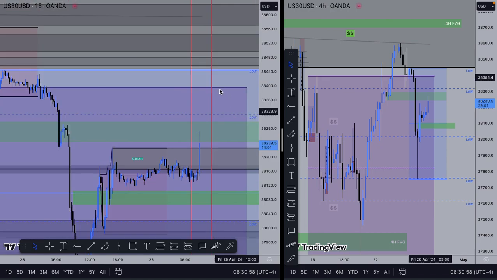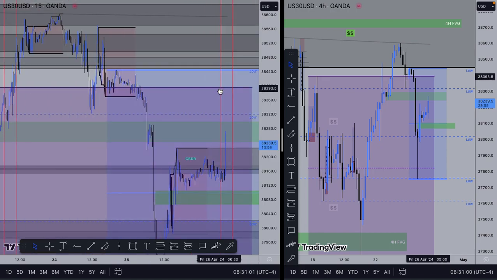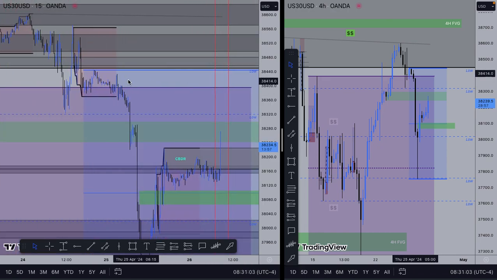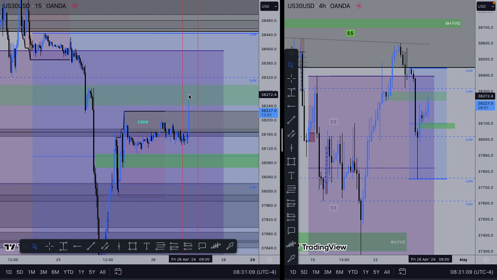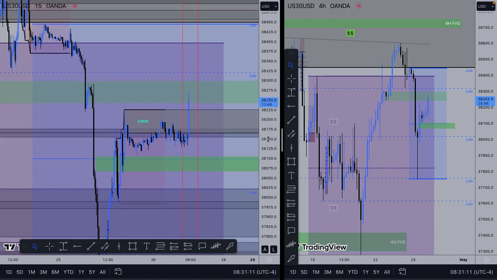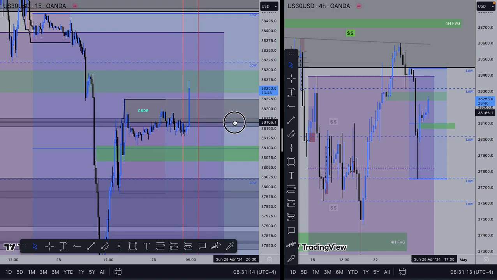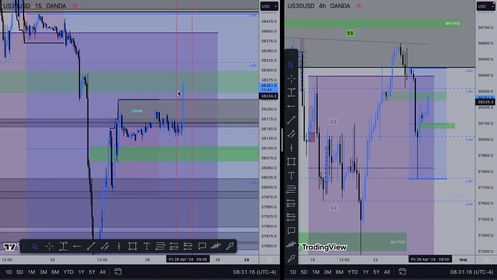And then where do we aim? I'm going to aim for the high of yesterday and let her continue to run. That's if she closes above there, right? If she doesn't, then we'll take it on the opposite side. But we're sitting on our hands and we wait.